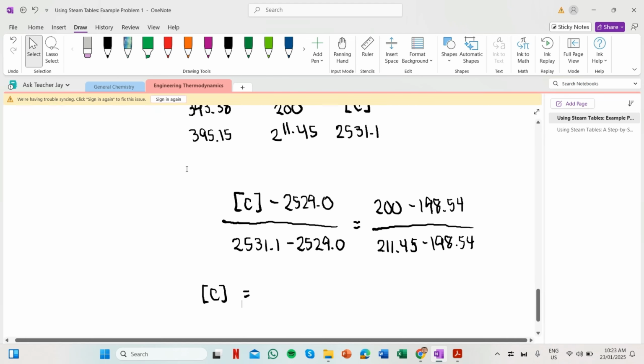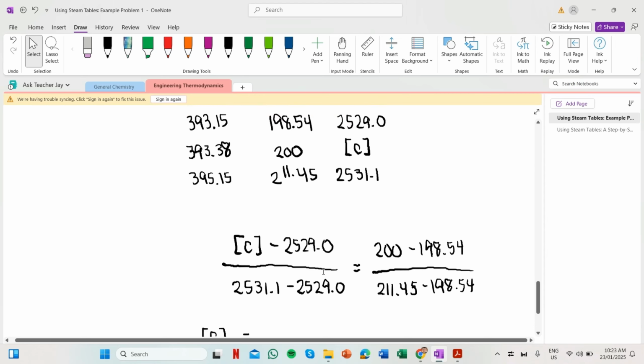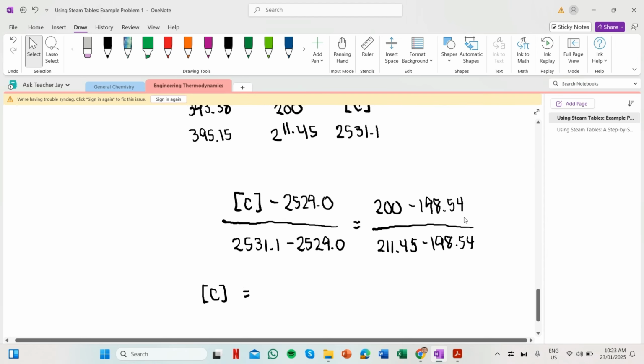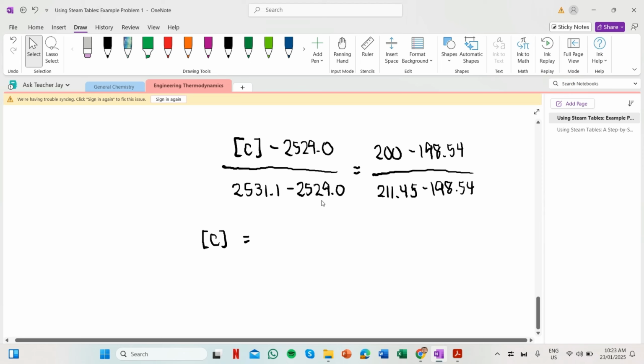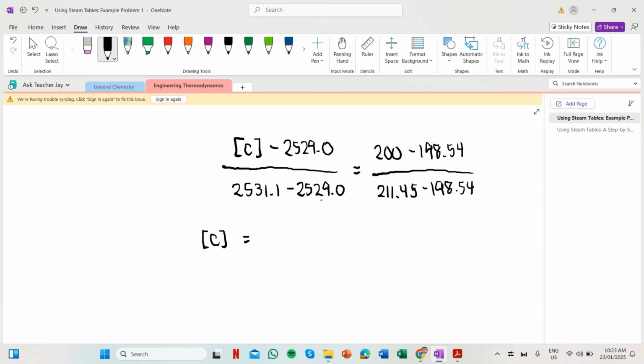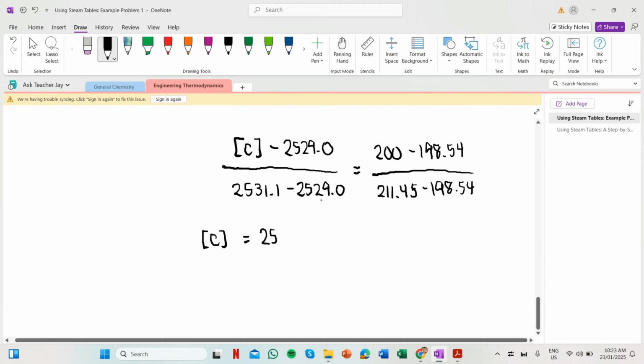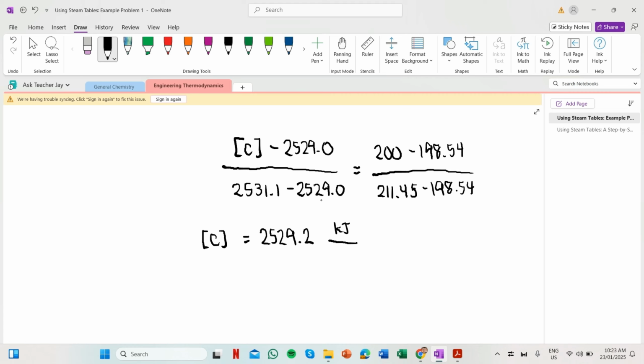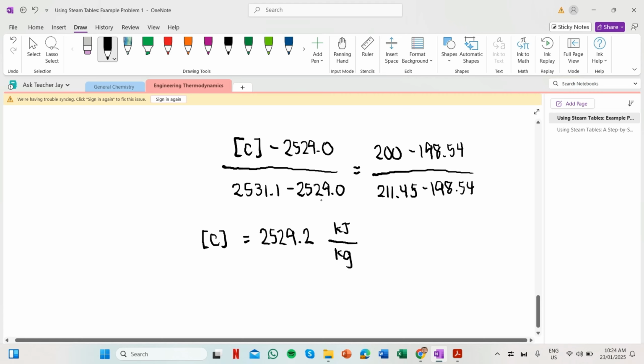At least I know the fundamental and more manual way of doing this. Upon solving this part using the solver function, I got the answer of 2529.2. This is the internal energy of the saturated vapor phase.